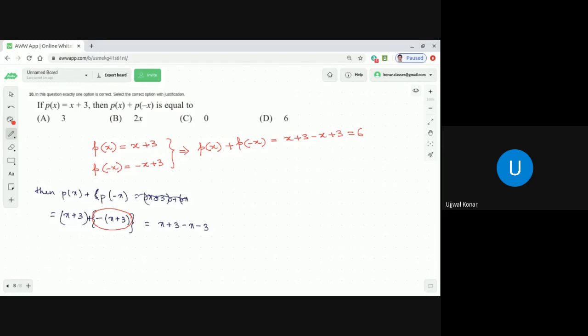Neat and clean doesn't mean your handwriting cannot be rough work. I'm not talking about this. Whatever picture you are taking, you can give it to your parents to take the picture and upload it to the platform. But it has to be neat and clean. You should not miss any portion. It should not be a blurred image.